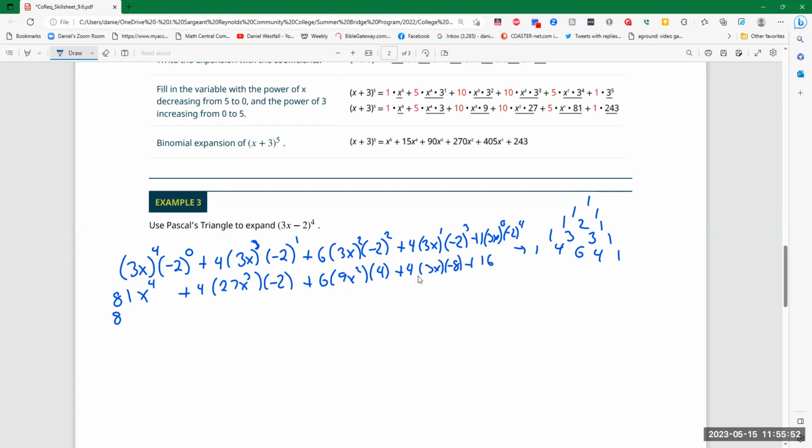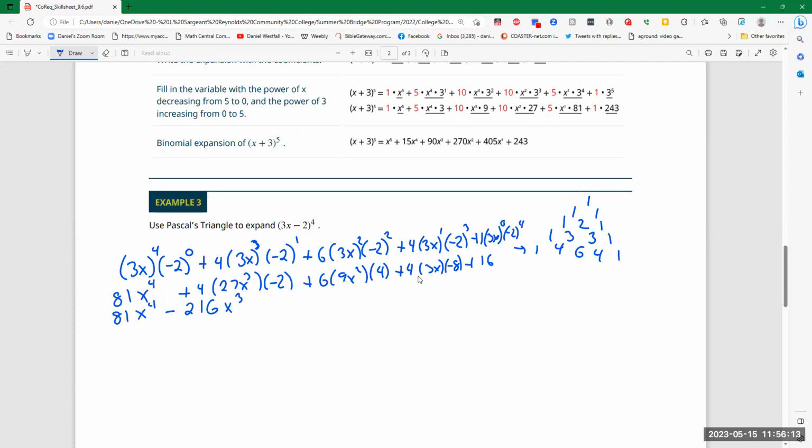This is going to be 81x to the 4th. This is going to be 108 times 2, that's 216, x to the 3rd.